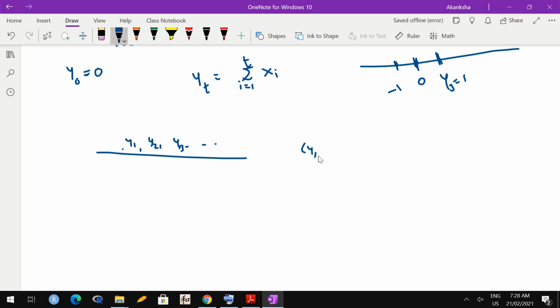Then for bivariate, y1, y2, y2, y3, in general any yj, yj plus 1 should be the same. Similarly yj plus 2, or if you take k-tuples, etc. So if all these joint distributions are the same, then we say that the process is stationary.